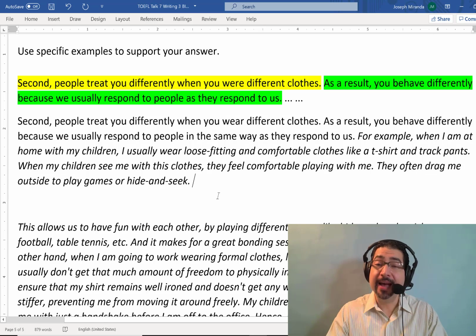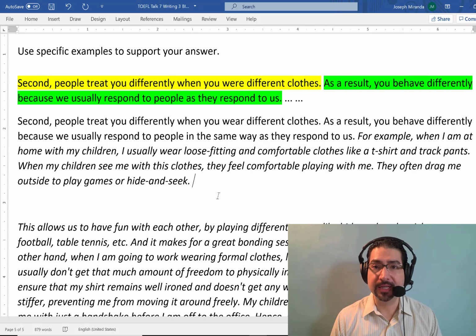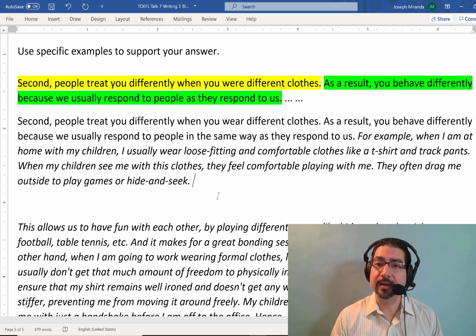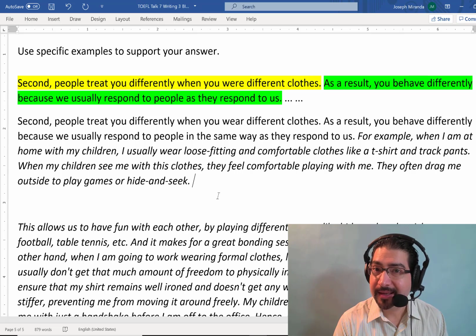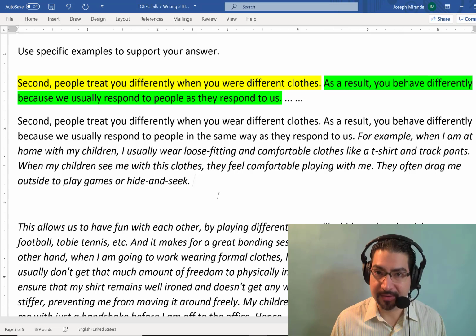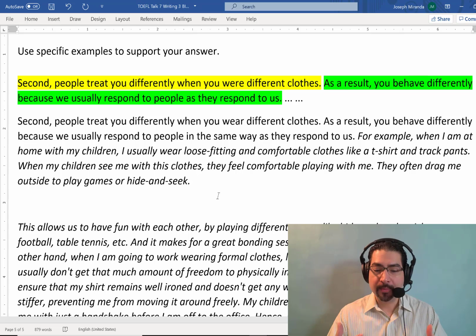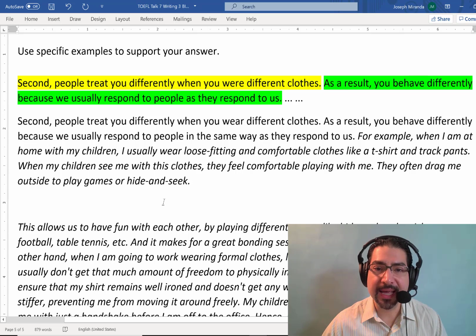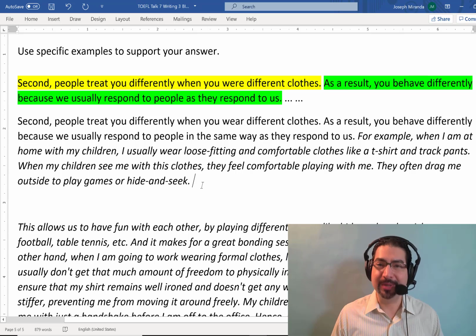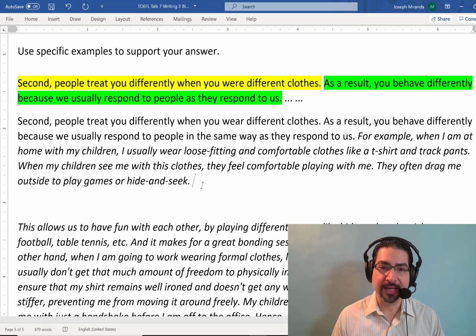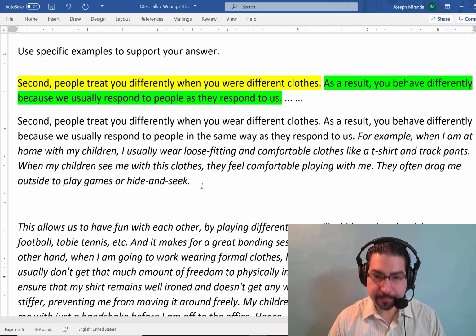Now, we have the children, others, behaving differently toward us depending on the clothes that we wear, right? So that's established, but is that complete? No, right? Because now I need to behave differently. So that means my children are being playful with me. They're dragging me outside to play. So what's my behavior going to be like, right? If we want to write a nice positive example, we say they often drag me outside to play games or hide and seek.